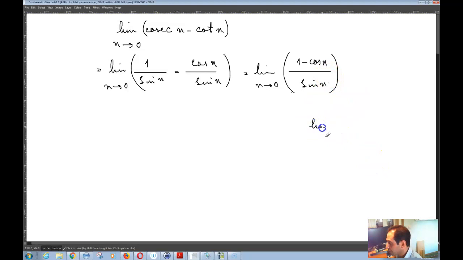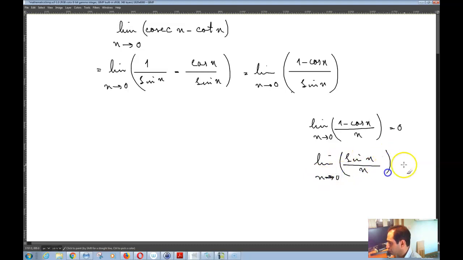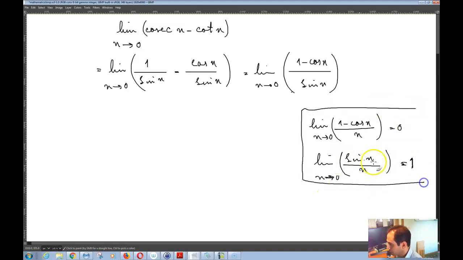We said that the limit of 1 minus cos x over x when x tends to 0 is equal to 0, and the limit of sine x over x when x tends to 0 is equal to 1. We proved these two results, and we can use them here.